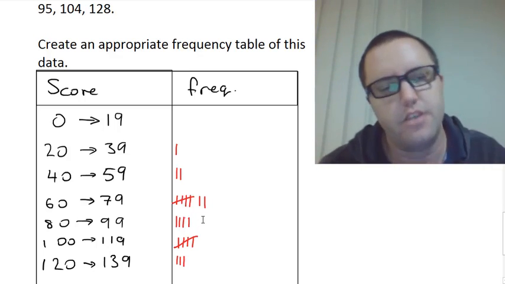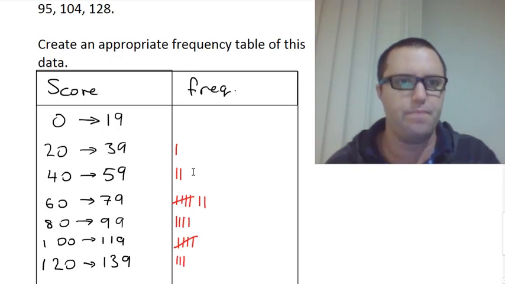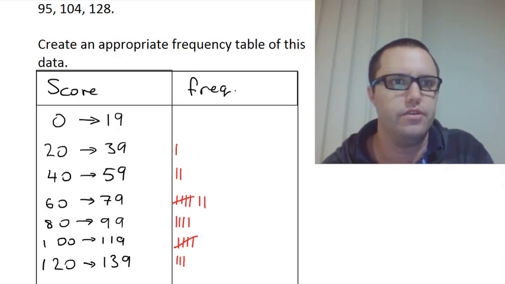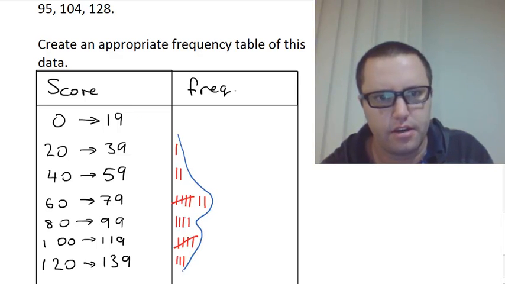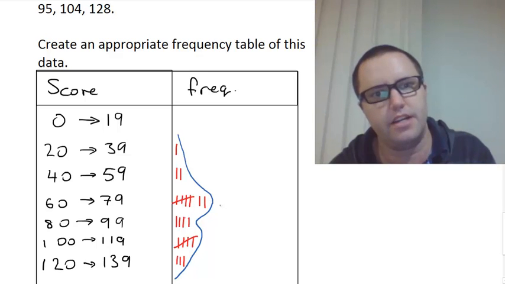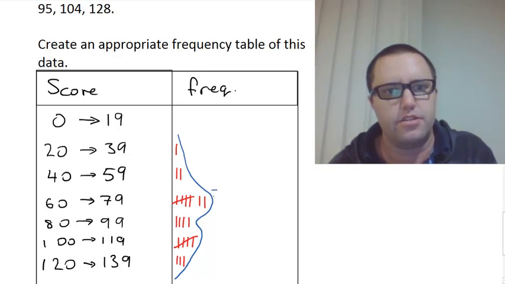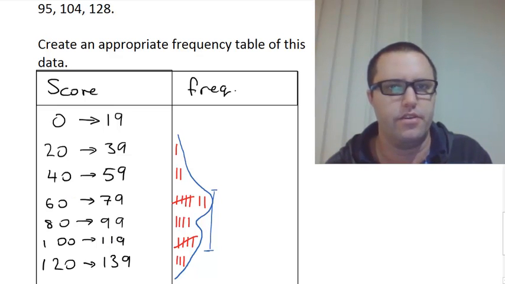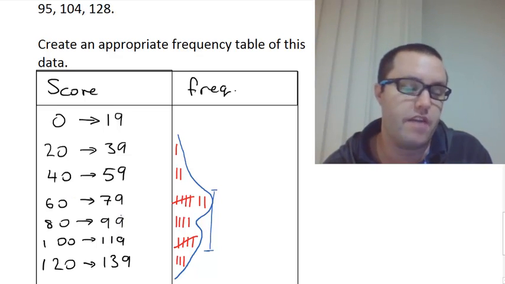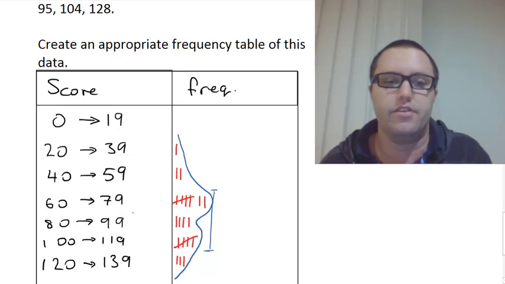The good thing about these frequency tables is if you turn your head to the side, you can see a little shape and get an idea of where the big pieces of data sit. You can see that the Lions scored most of their scores between 60 and 119, which is probably pretty average across the AFL code.